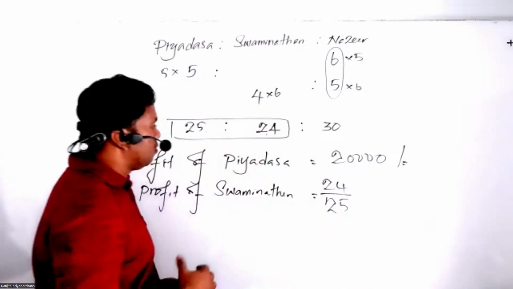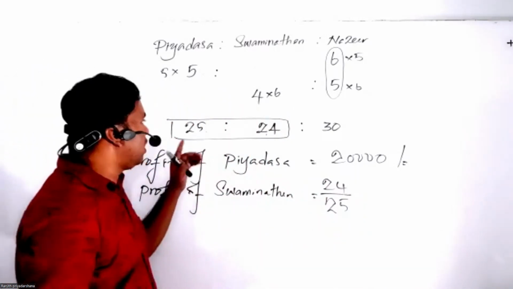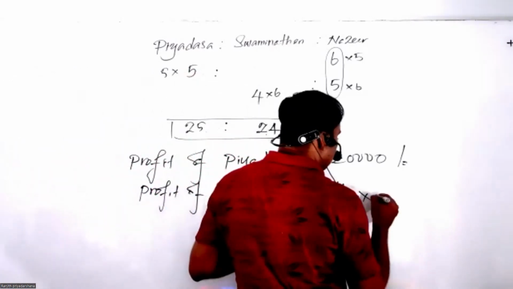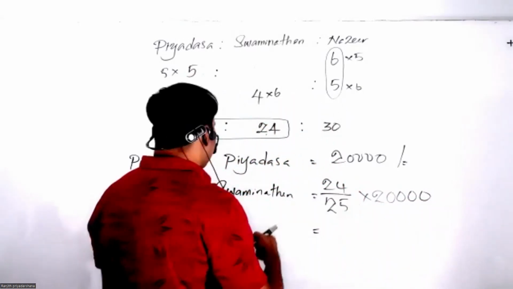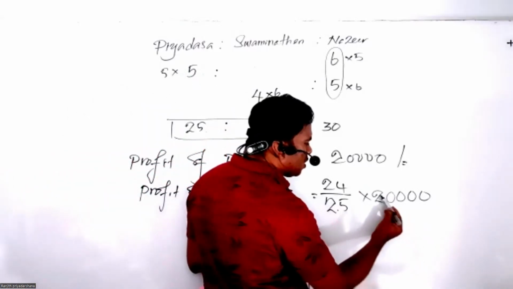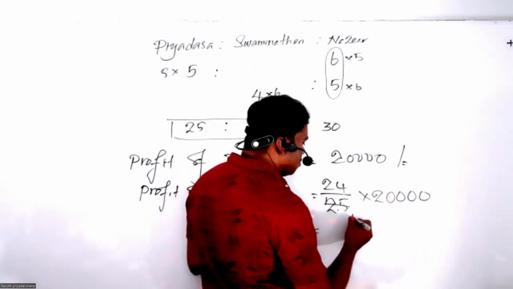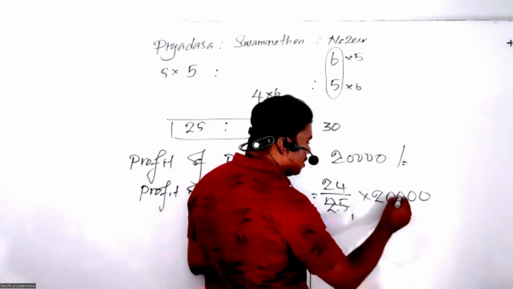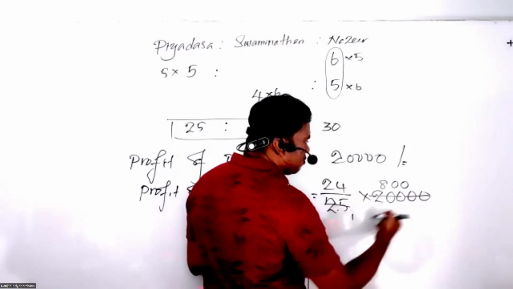That's their ratio, right? 25 to 24. So if this value becomes 20,000, what is the amount received by Swaminathan? How many 25s in 200? In 100 there are four 25s, in 200 there are 8. Then that becomes 800, right?